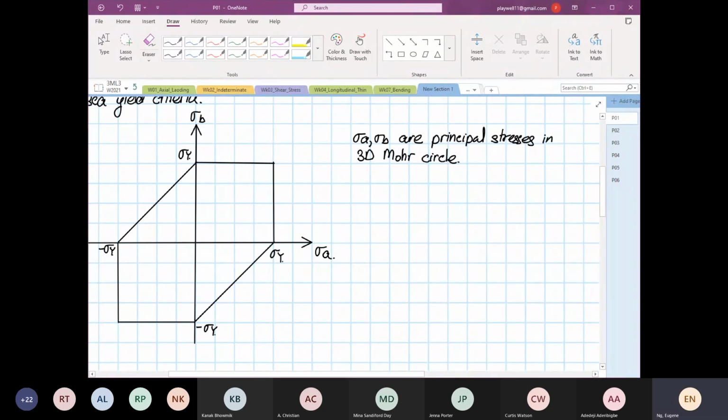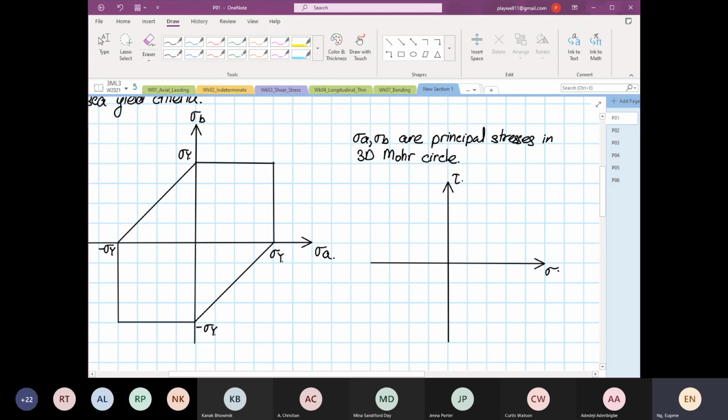Okay, so these are the principal stresses. What do I mean by that? Now if I were to draw Mohr's circle, 3D Mohr's circle, so they're not the same. So this is your normal stress. Over here, this is your shearing stress.